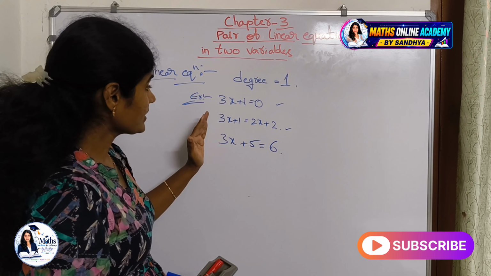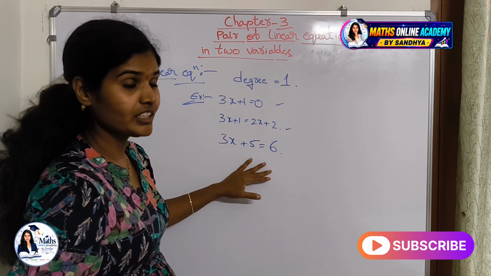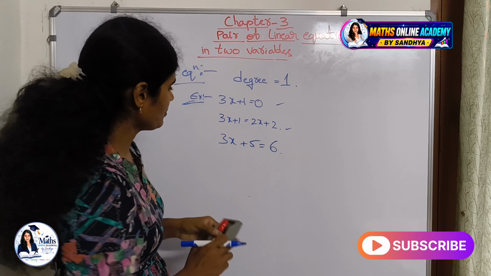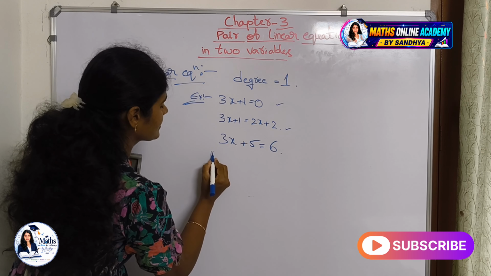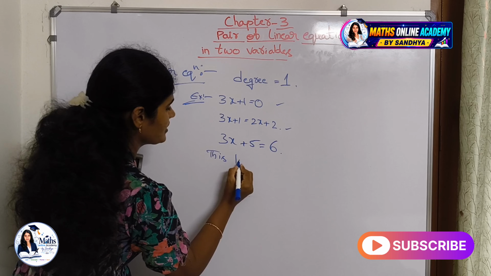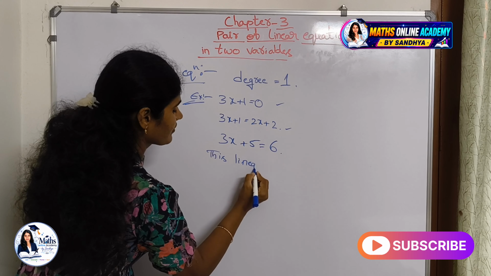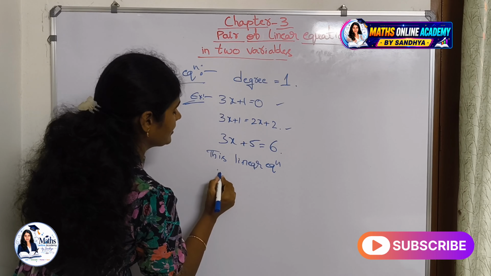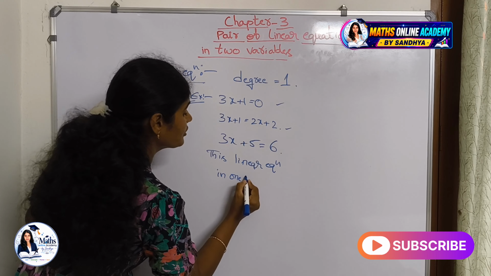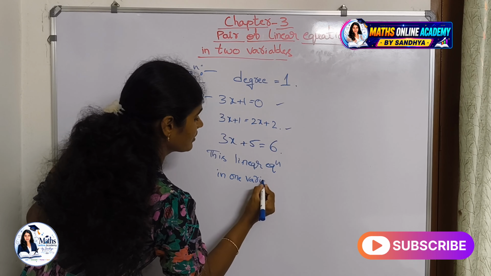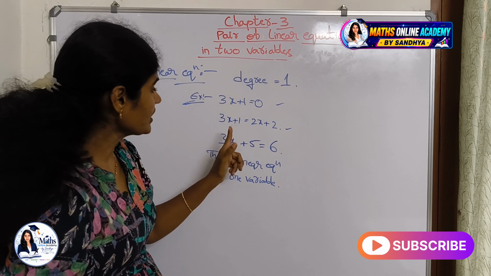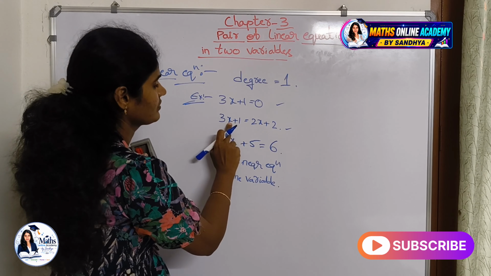Okay, this is a linear equation in how many variables? Only one variable. So this is a linear equation in one variable.